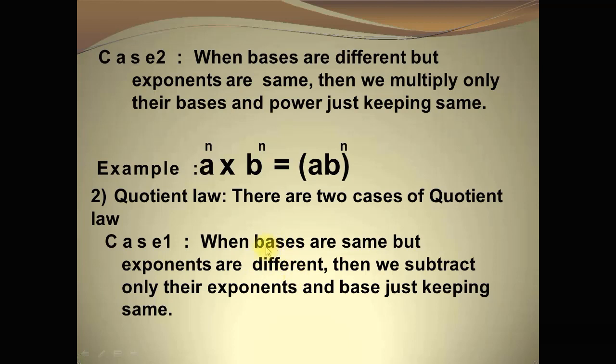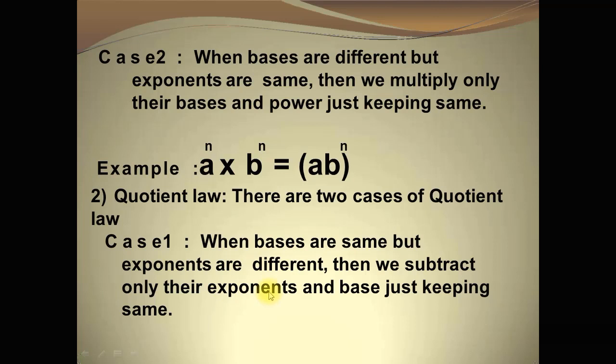Like in product law, when bases are same and exponent are different, we add the exponent. Similarly, in quotient law, when bases are same but exponent are different, then we subtract their exponents.